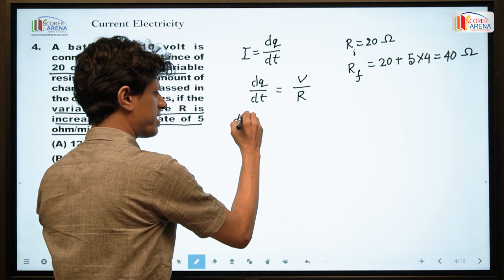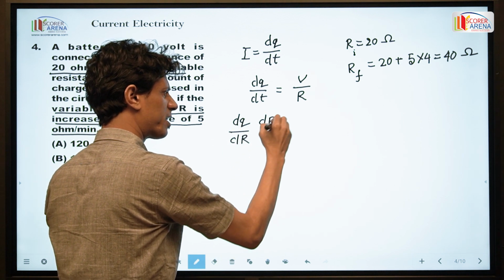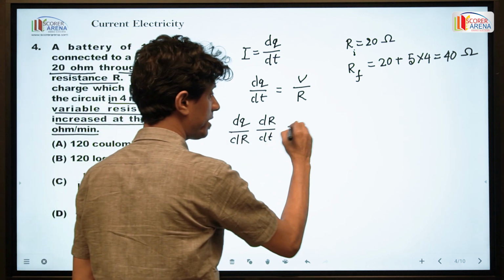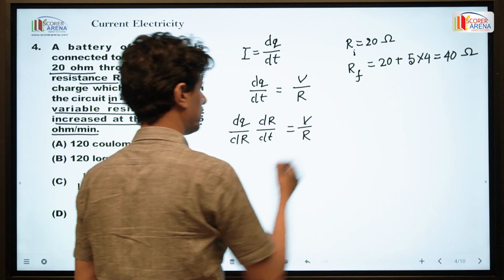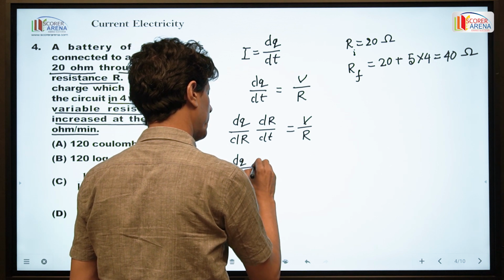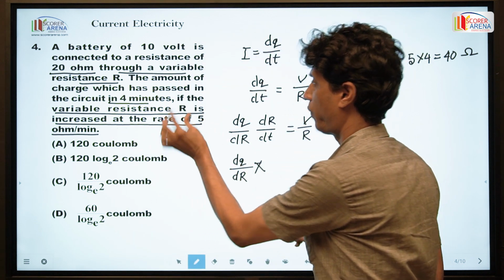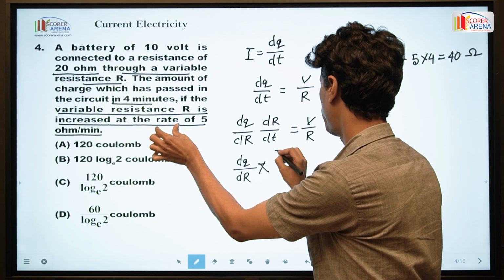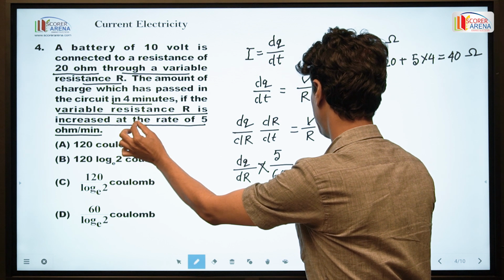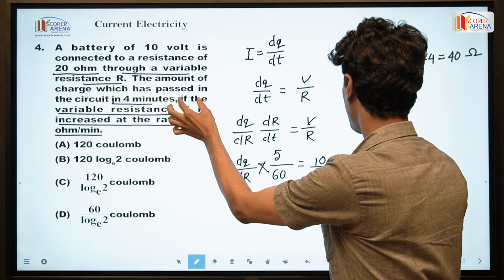We can say this is dq by dR times dR by dt, and dR by dt is given in the problem, and this is V by R. So dq by dR times 5 ohm per minute, that is 60 seconds, can be written as V, that is 10 by R.